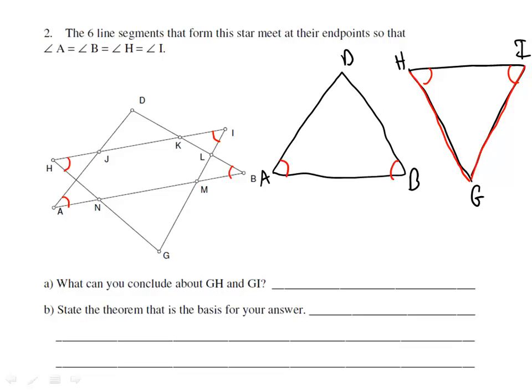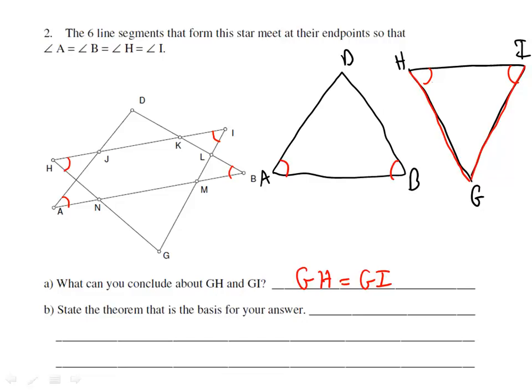So in this case, we are told these angles are equal. Well, you should know that if two angles in a triangle are equal, then the sides opposite them are also equal. So what can you conclude about GH and GI? You can conclude that GH equals GI.